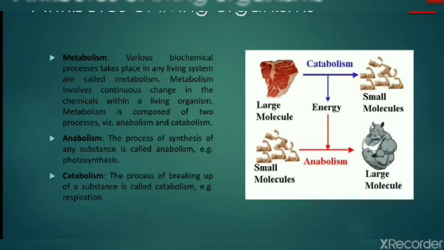During anabolism, a new substance is formed from old substances. The example of anabolism is photosynthesis, where green plants synthesize their own food. And the example of a catabolic reaction is respiration, in which food material breaks down in the presence of oxygen to produce energy.